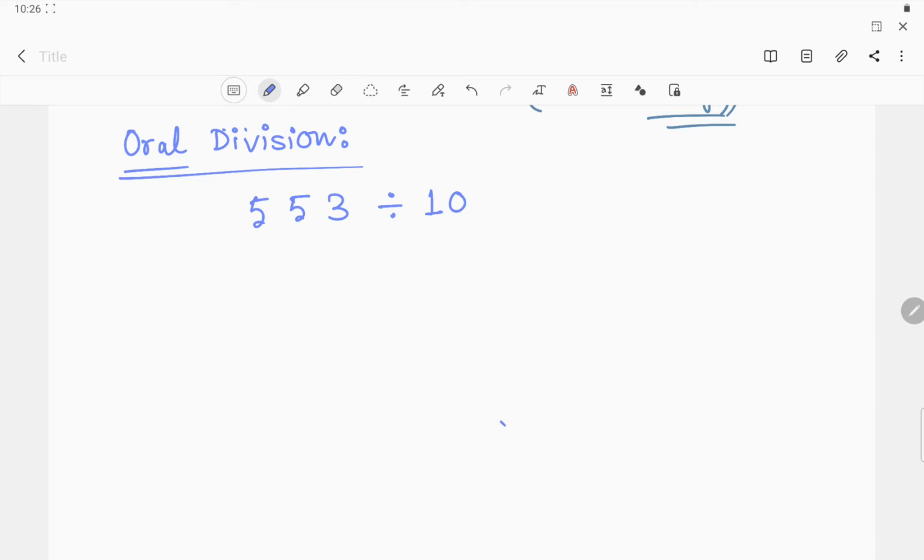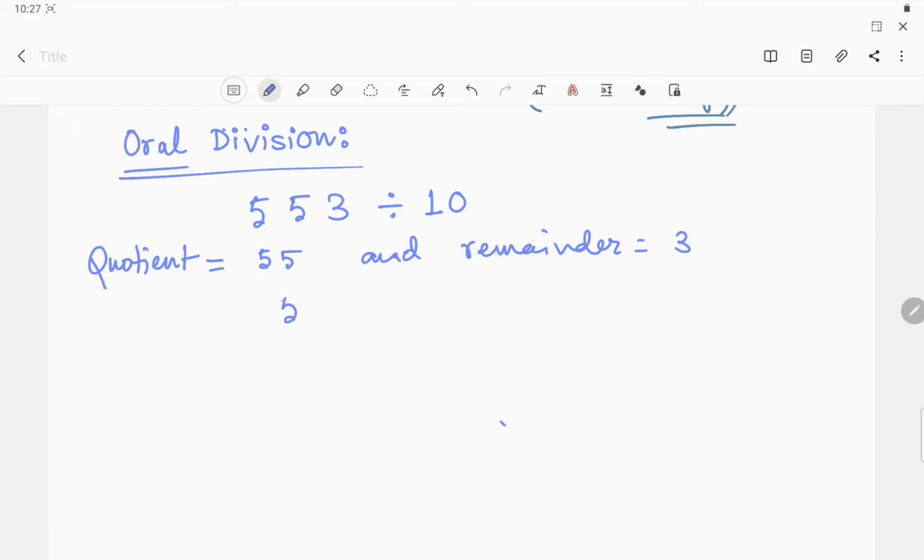So can you tell what will be the quotient and what will be the remainder? In this case, quotient will be 55 and remainder will be 3.